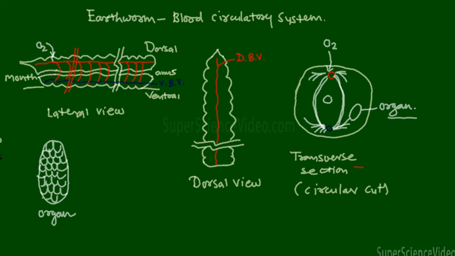Skin receive oxygen. This oxygen firstly enter into DBV, dorsal blood vessel, then it enters into lateral heart. Heart pump blood towards ventral blood vessel. This vessel produces capillaries.